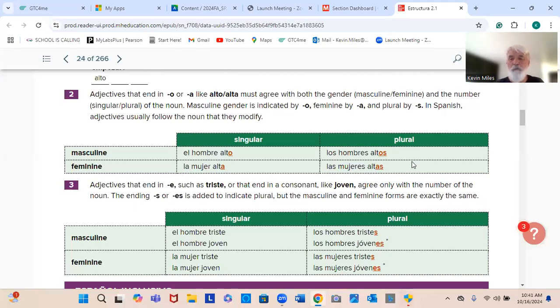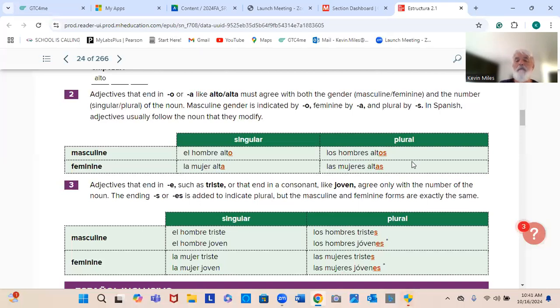So make sure you're paying attention. You're going to be asked this on your test. When you're referring to a man or a woman, or if the item is masculine or feminine, you've got to adjust the adjective accordingly. So if you want to say the old book, it's el libro viejo.